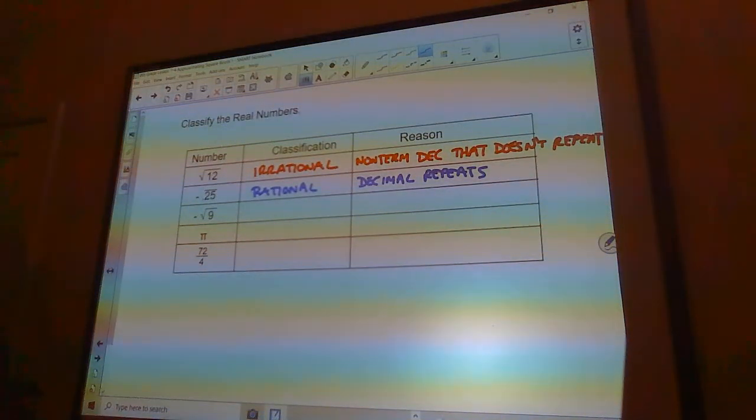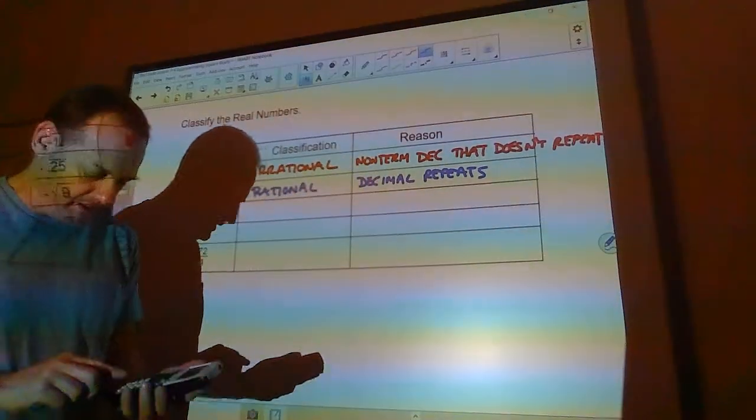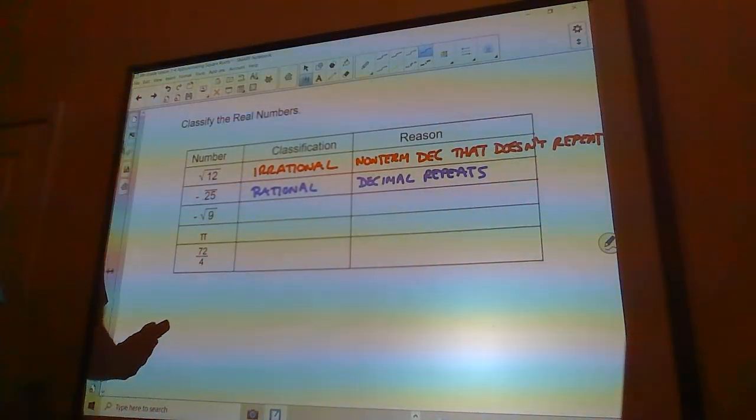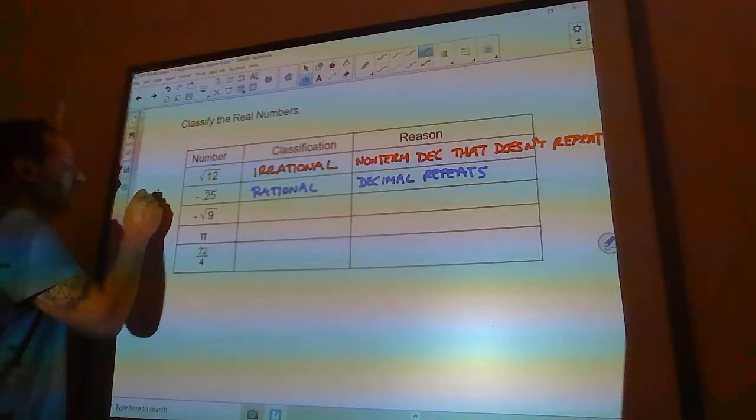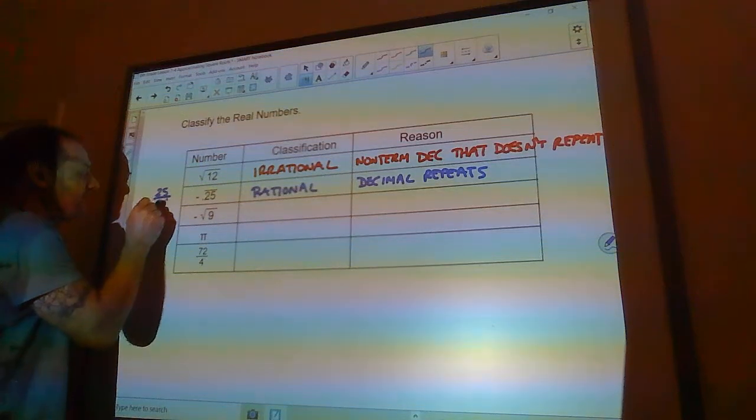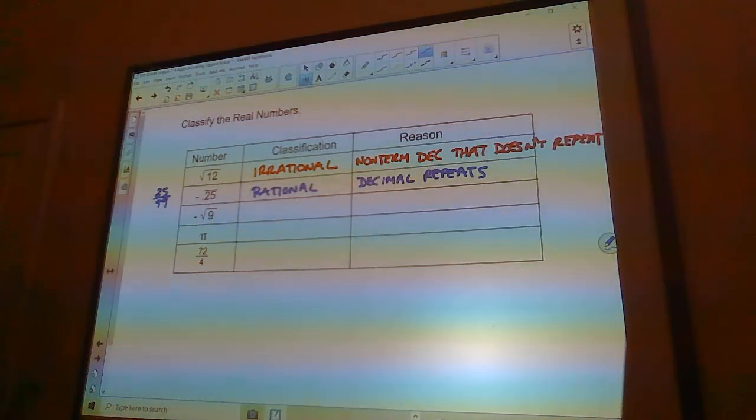You could write that as a fraction. I can't think of what that is off the top of my head. I think it's 25 over 99. Let's check that really quick. Yes, that's 25 99ths. So I can write that as a fraction.